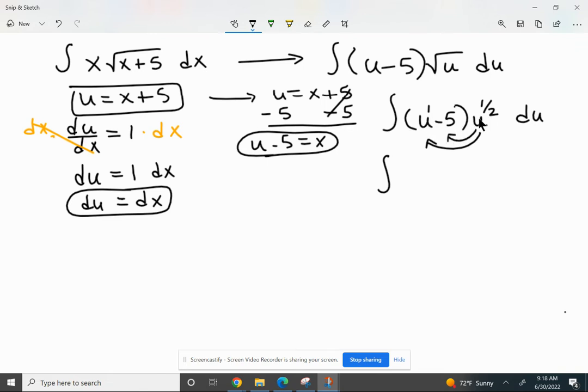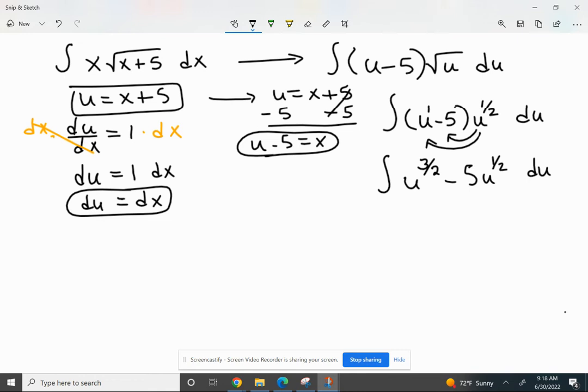So u to the 1 plus 1/2 is 1.5, which I'll write as 3/2. And u to the 1/2 times negative 5 is negative 5 times u to the 1/2, du.